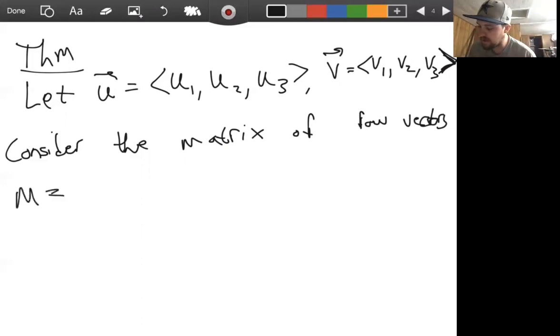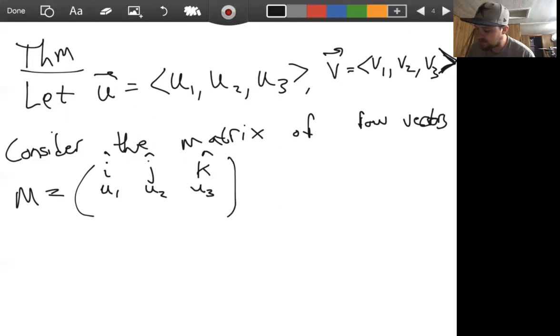So let's call it M. If we consider the following matrix of row vectors, and the first vector is just going to be i hat, j hat, k hat. The second vector is going to be U, so U1, U2, U3. And the third vector is going to be V1, V2, V3. So if we consider this matrix M, which is comprised of 3 row vectors, right?